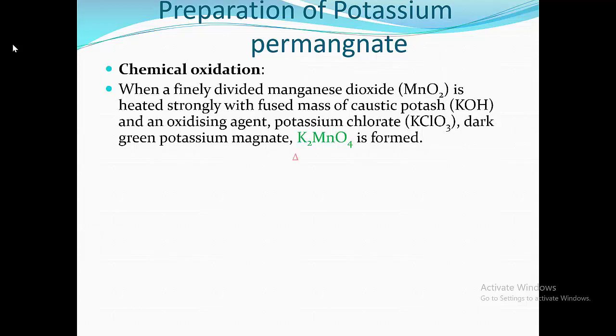The reaction is 3MnO2 + 6KOH + KClO3, when heated, gives 3K2MnO4 + KCl + 3H2O. K2MnO4 is nothing but potassium manganate.